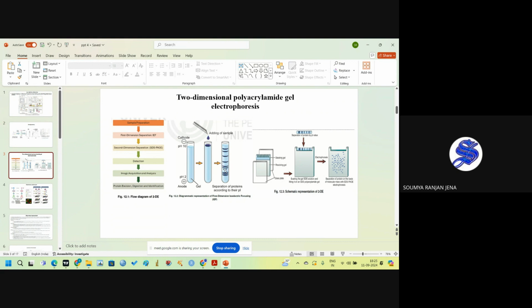Because in SDS-PAGE, they are not separated according to their isoelectric point, they are separated according to their molecular weight. If two proteins have the same molecular weight in SDS-PAGE, they will give one band.